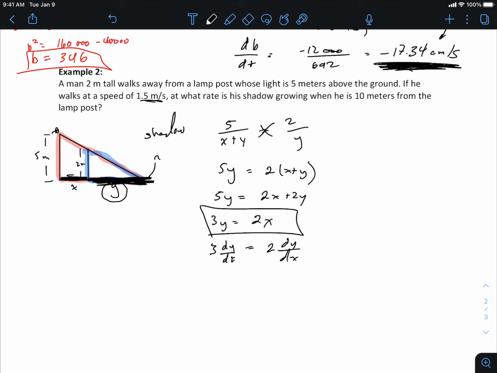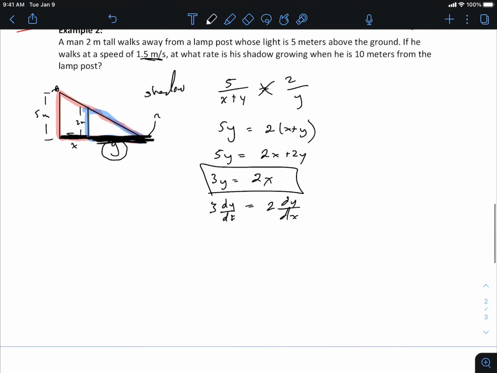Sorry guys, I wrote something wrong and I confused myself. dx by dt is the rate at which this is growing, or how fast he's walking away from the lamppost.